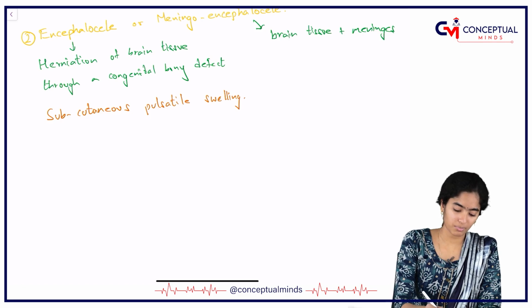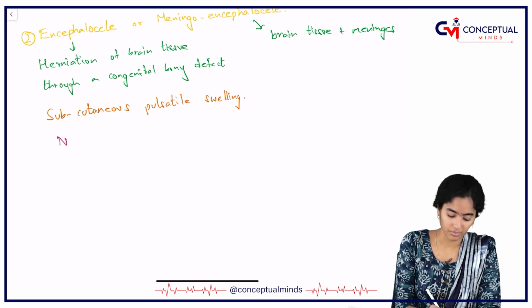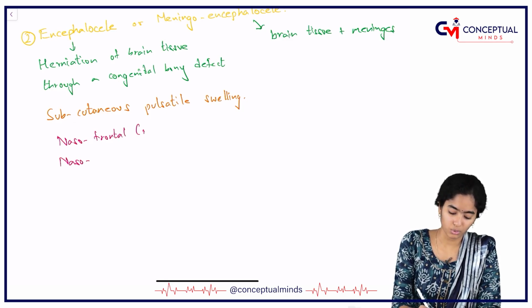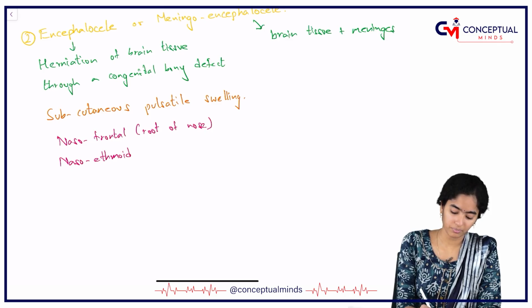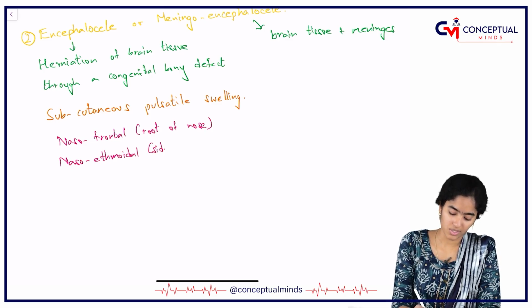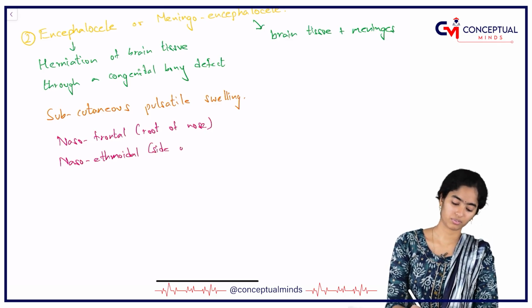What are the various types of presentations? Nasofrontal variety, if it is at the root of the nose. Nasoethmoidal variety, if it is at the side of the nose.